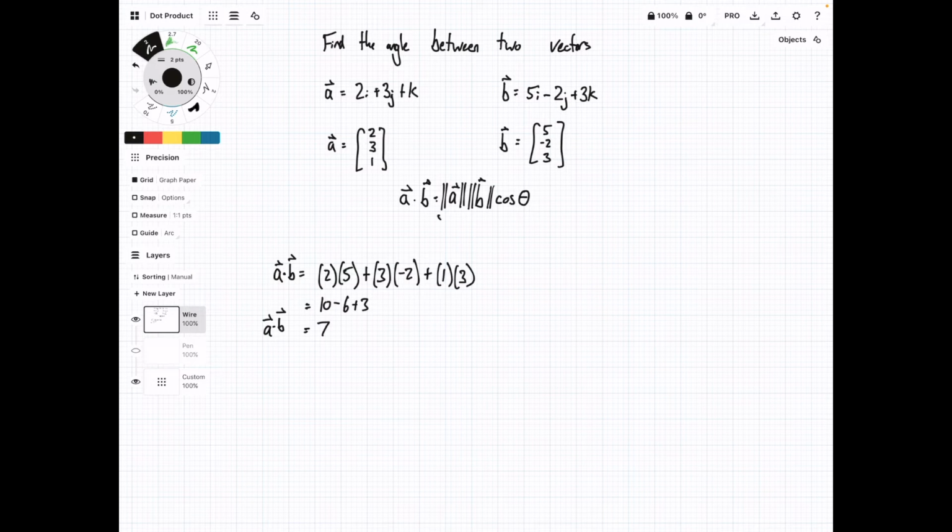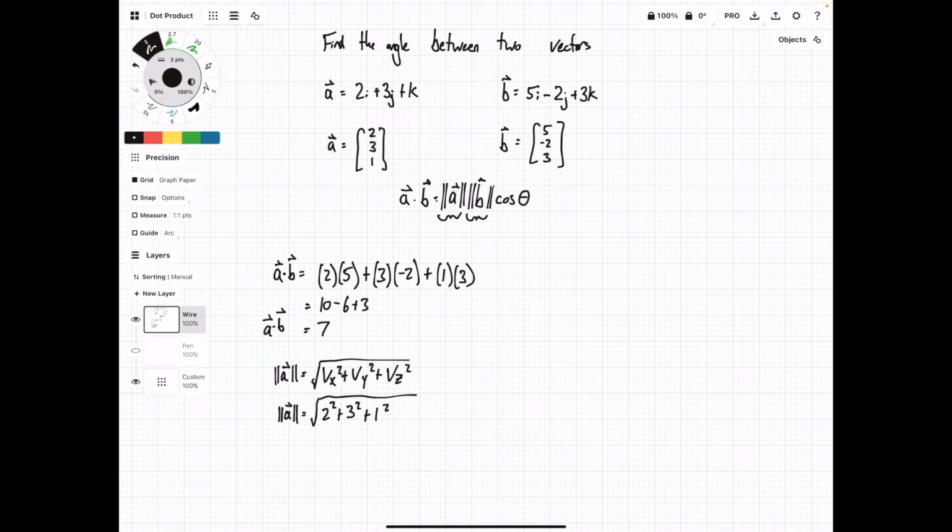Okay, so that's the first part. Now we need to figure out the magnitude of A and the magnitude of B. So finding the magnitude of A looks like this. Take the square root of each of the components added up. So 2 squared plus 3 squared plus 1 squared. I can write out the formula for this real fast. Magnitude of A equals the square root of Vx squared plus Vy squared plus Vz squared.